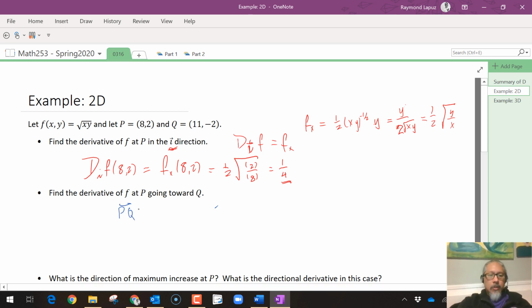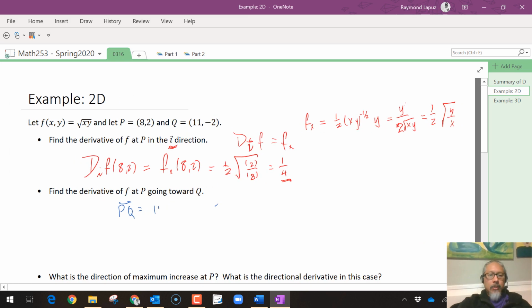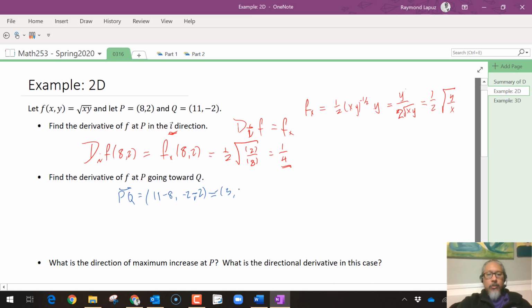PQ is a vector going from P to Q. So this is head minus tail: 11 minus 8, comma, negative 2 minus 2. So this is <3, -4>, and this is a vector. This is the direction that you want.